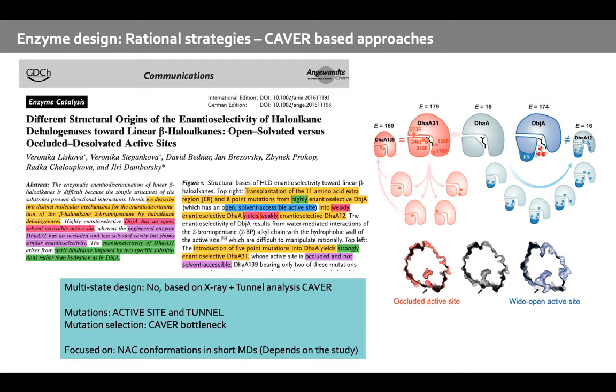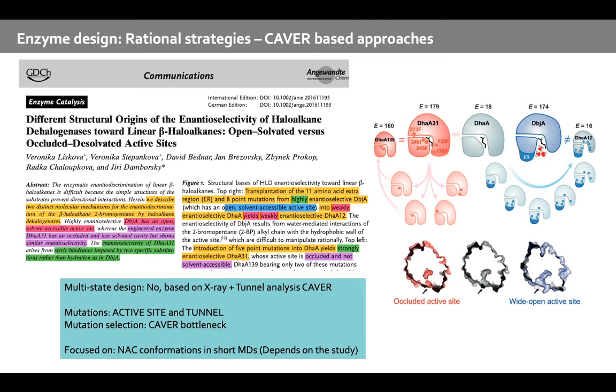So here in the figure, for example, they say, okay, if you put the 11 amino acids and 8 point mutations from a highly enantioselective DbjA into the weakly enantioselective DhaA, it will yield a weakly enantioselective haloalkane dehalogenase.